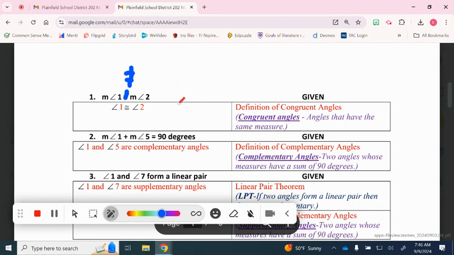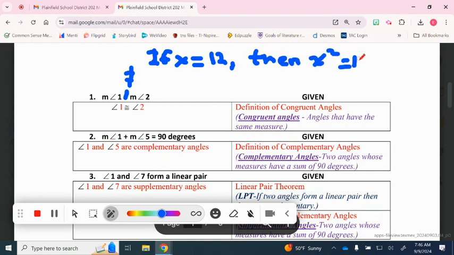They would also give you something like if x equals 12, then x squared equals 144. And all you would do with this is state, okay, well, great.